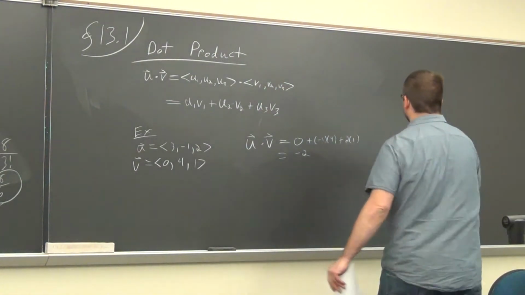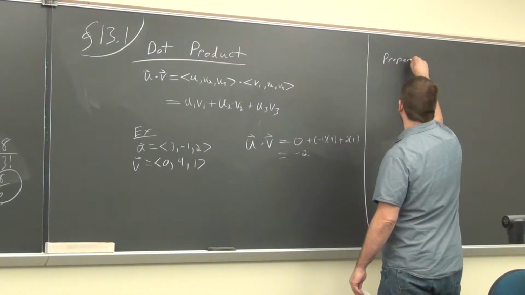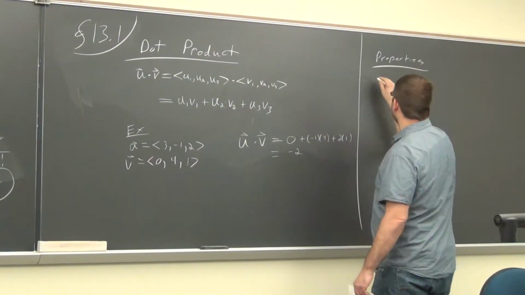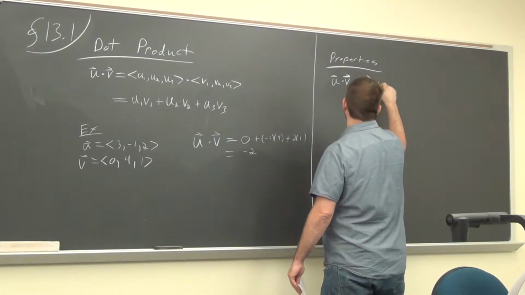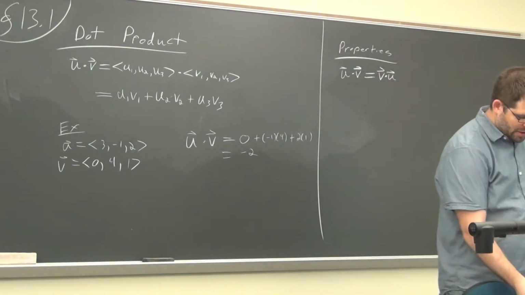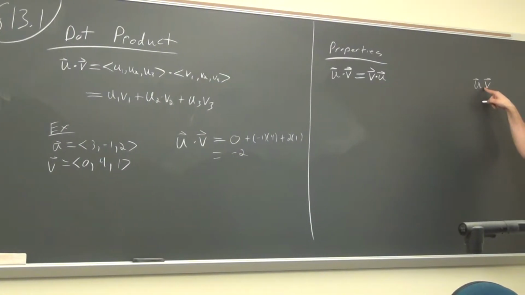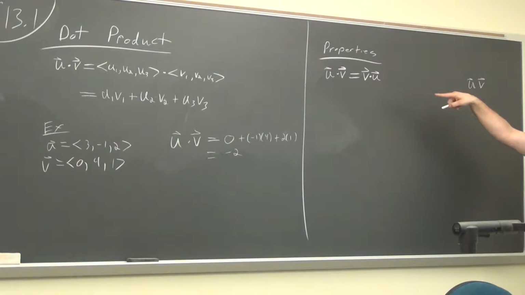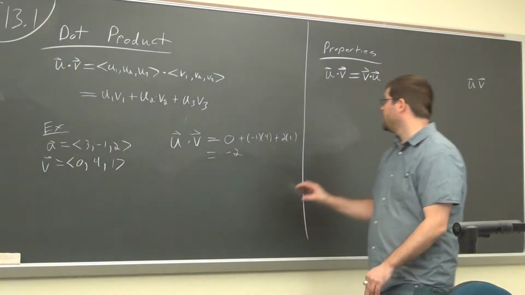Well, let's just talk about some of the properties of the dot product. I'm going to write these down in no particular order. When you have vectors, u times v is meaningless if we don't put something in front of it. We either need a dot or a cross for the cross product, which we'll talk about in a little bit.